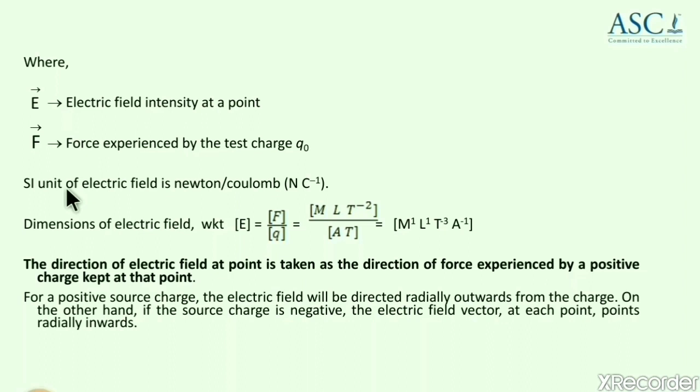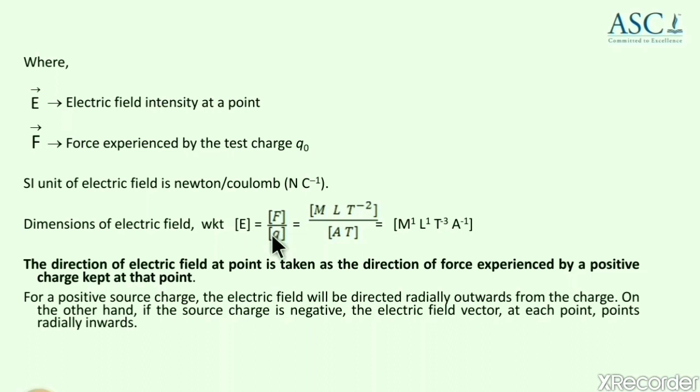The SI unit of electric field is Newton per Coulomb. See, here I can tell you E equals F by Q. This is the formula. For F it is Newton, for Q it is Coulomb. So the SI unit becomes Newton per Coulomb. And the dimension formula, as you know, for force is MLT minus 2 divided by Q. I have taught you in the previous session, Q is not the fundamental quantity.